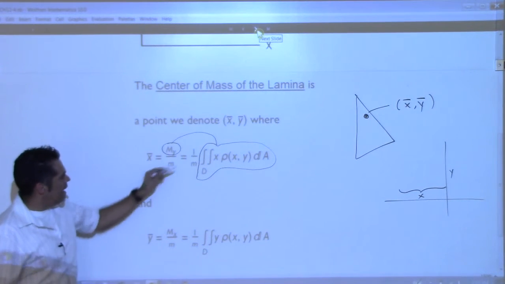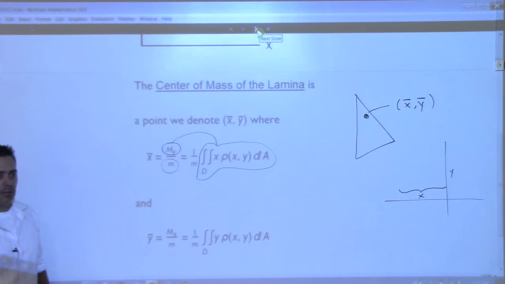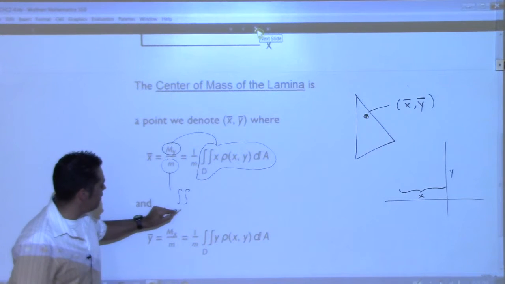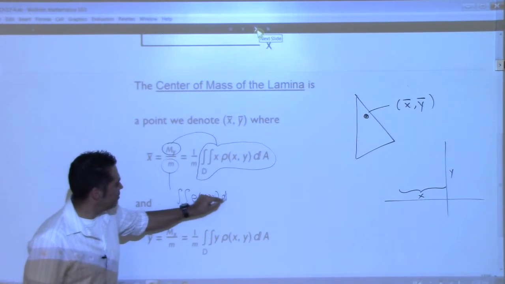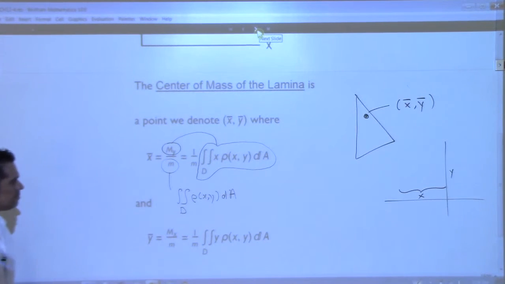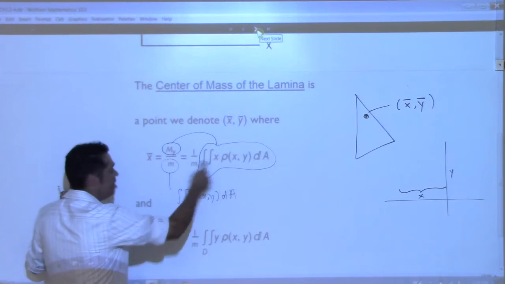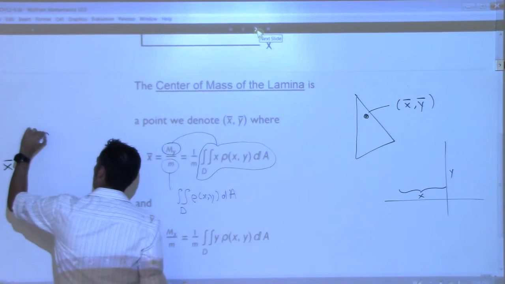It's that. And what is the mass of the lamina? Well, that's another double integral, isn't it? This mass is actually the double integral over D of just the density function with respect to area. This is the way the formula appears in the book, but if you wanted a formula that has all the double integrals in one place, here's what it is.